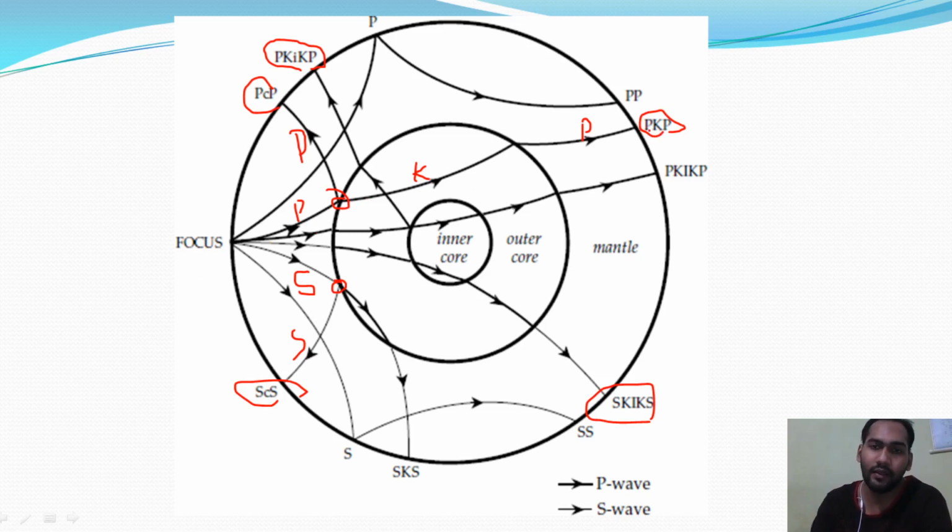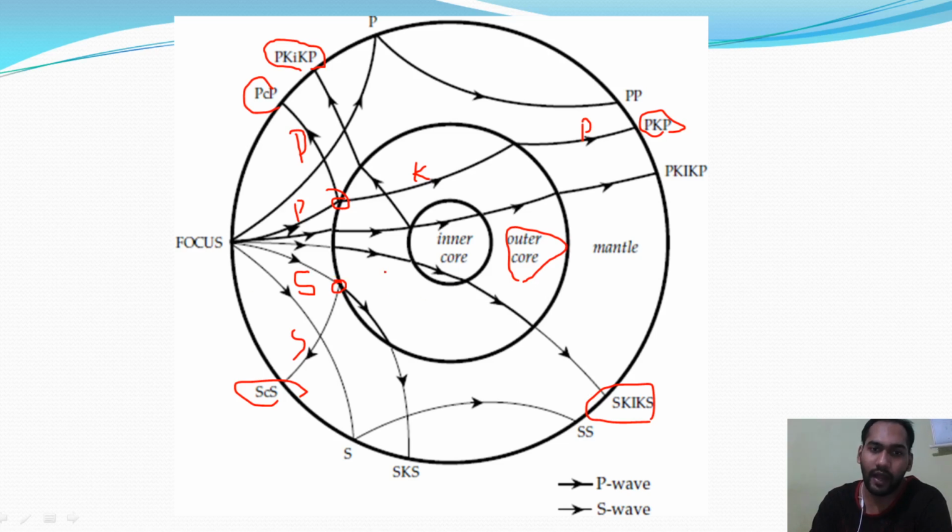If it is an S wave, it will travel as S wave in the mantle, but while entering the outer core, S wave cannot travel as S. Why? Because the outer core is a fluid medium, semi-fluid.